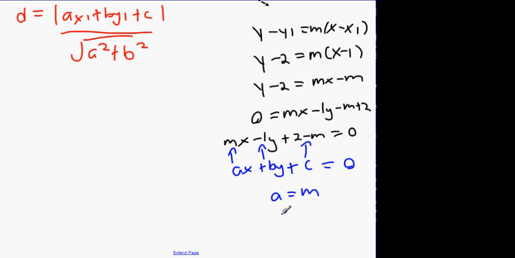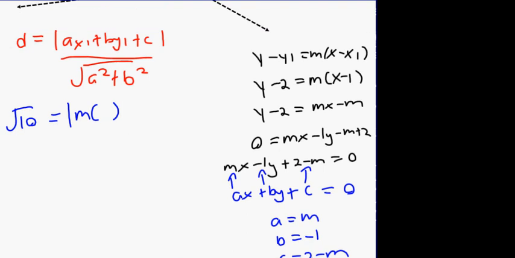So I'll make a list. a equals m, b equals minus 1, c equals 2 minus m. d equals root 10. And we're going to have a, which is going to be m times x1. Is the x1 the point on the line, or is it the centre of the circle?